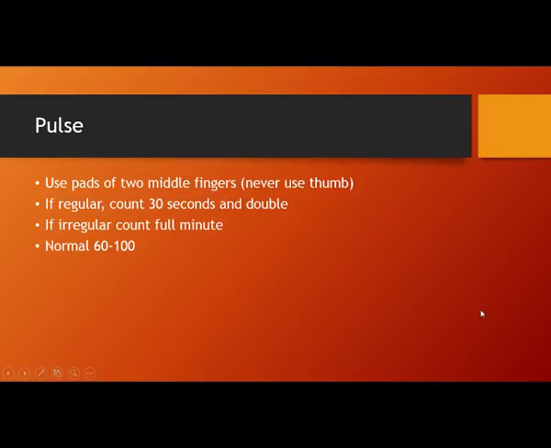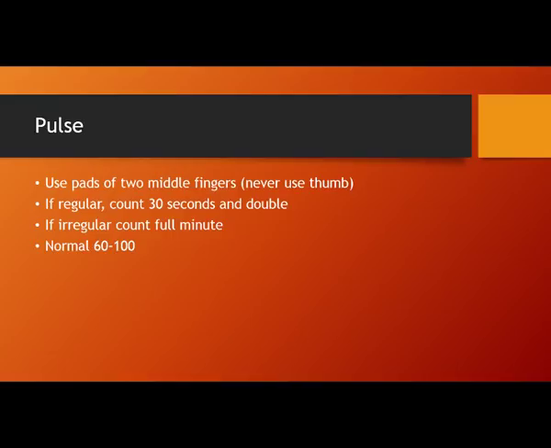For pulse checks, you always want to use your fingers, not your thumb. The reason for that is that your own radial pulse goes down into your thumb, and if you press in the wrong way, you can actually be feeling your own pulse in your thumb, and you can confuse that with the beats from the patient and get an inaccurate count.